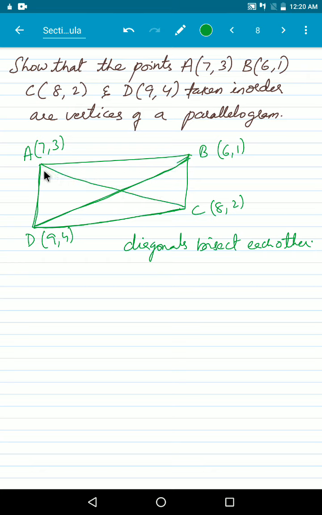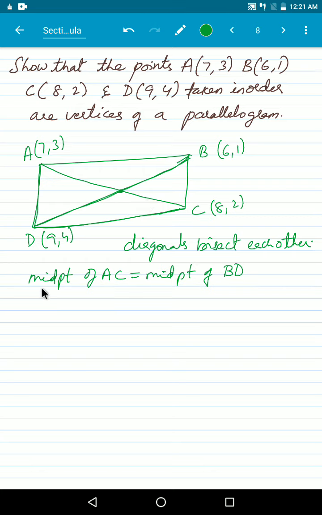The midpoint of AC will be equal to the midpoint of BD. That means the diagonals will be divided into two equal parts. So if the midpoints are the same, we can say that these vertices will form a parallelogram.